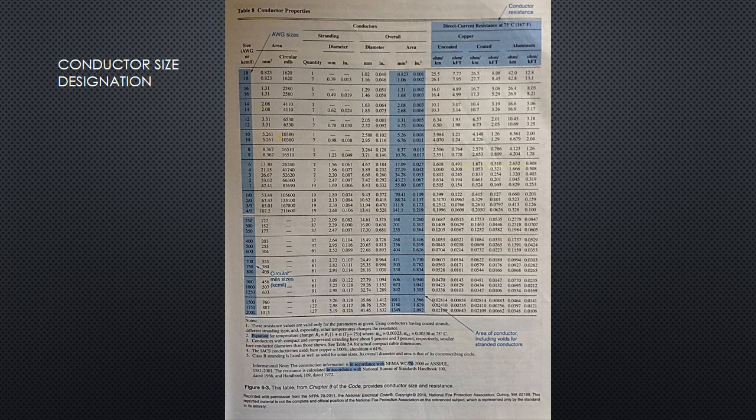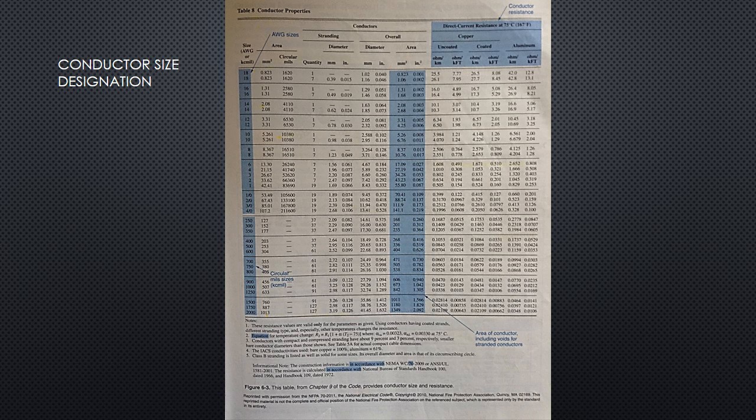Larger wires are designated by their actual cross-sectional area in terms of kcmils, or thousands of circular mils. A mil is 0.001 inch, or a thousandth of an inch, and 1 inch is 1000 mils.